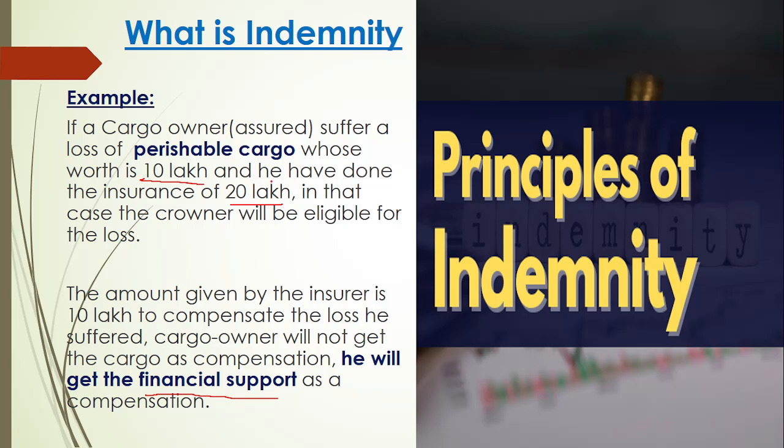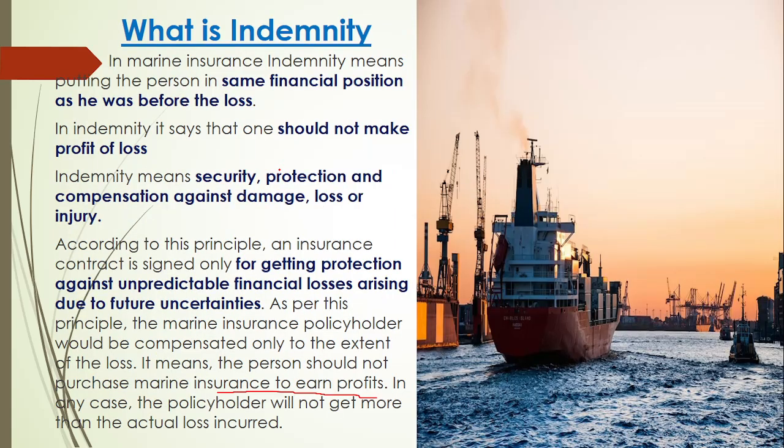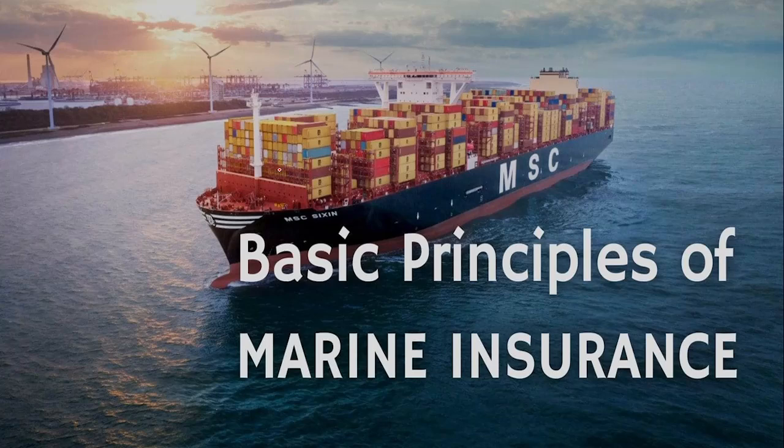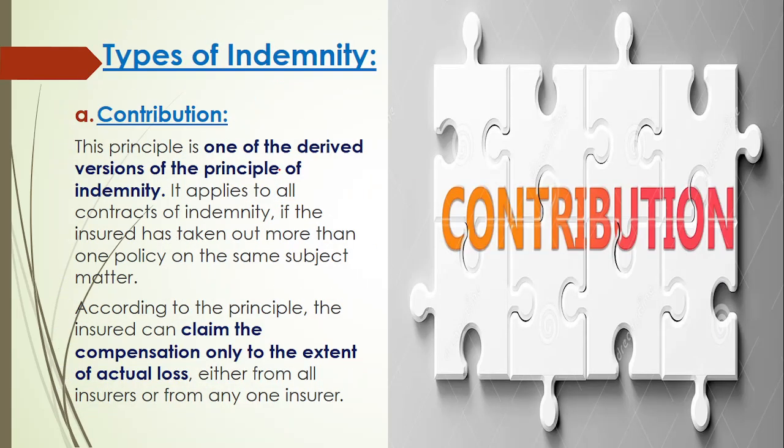So now you go for a claim, and the amount of compensation made to you will be 10 lakh, depending upon the financial loss which you have suffered. You will not be compensated 20 lakh. If you have taken a policy of 20 lakh and you have suffered 25 lakh, in that case you will be compensated up to the policy amount, that is 20 lakh. So I think this is clear.